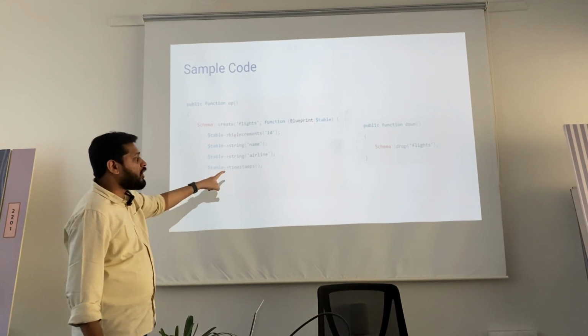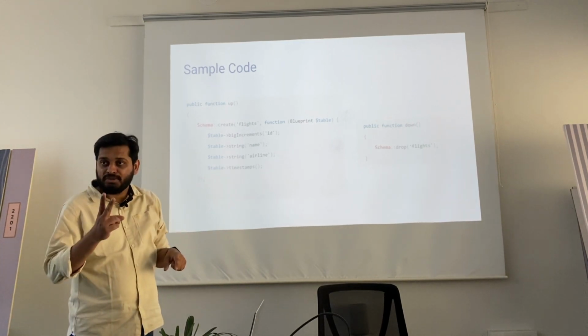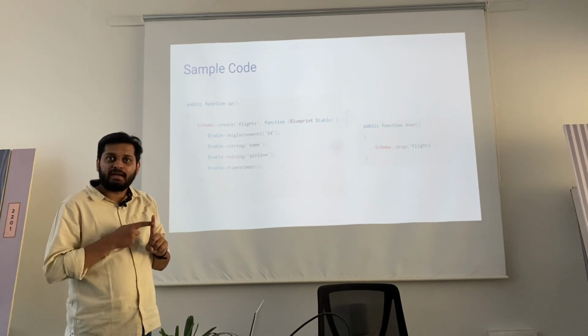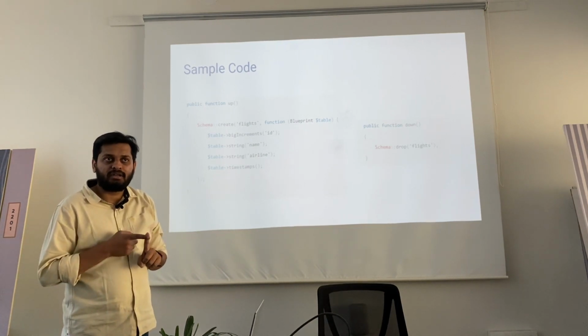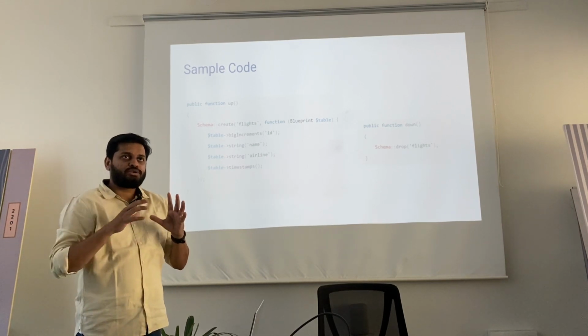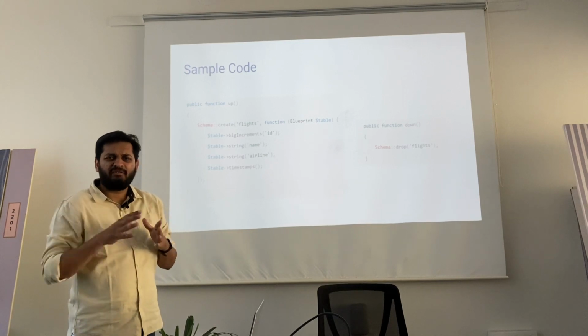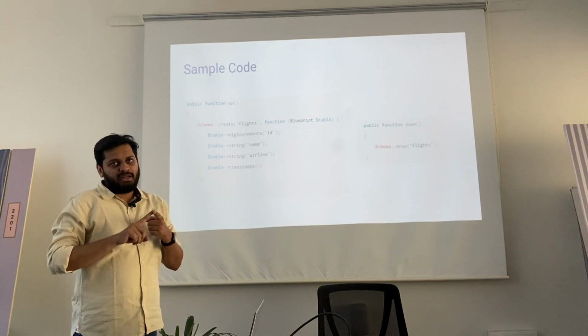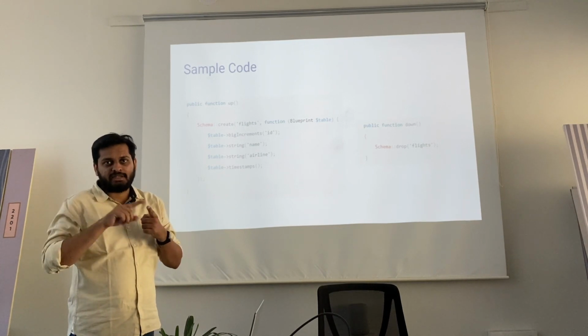Same way the airline. Now timestamps is a wrapper around two columns. It's not a one-to-one mapping with a column, but two columns. One is created_at and the other is updated_at. Now you might ask what the concept behind this is. Basically, every entry that is created in the database has to be created at some point.